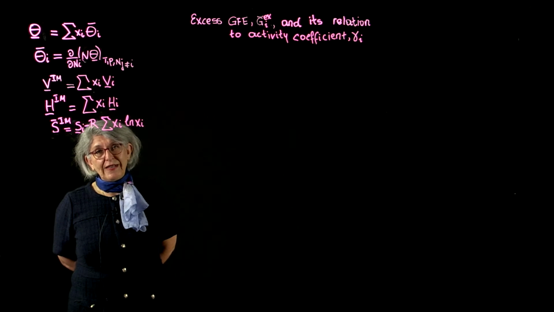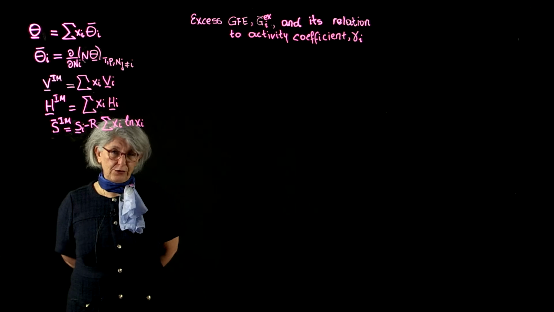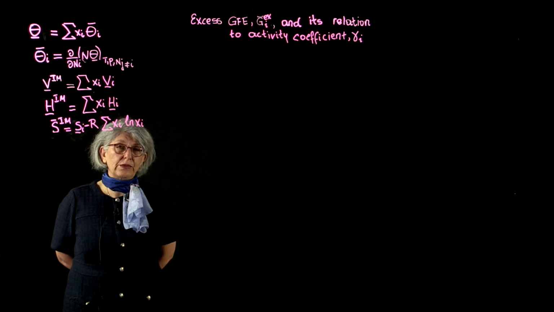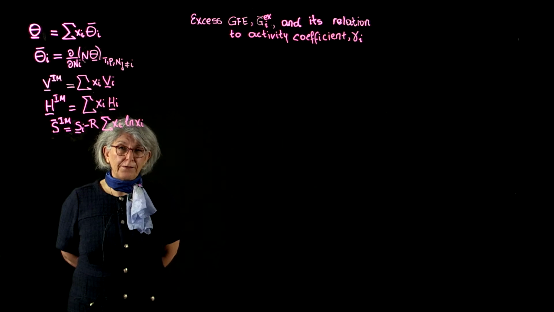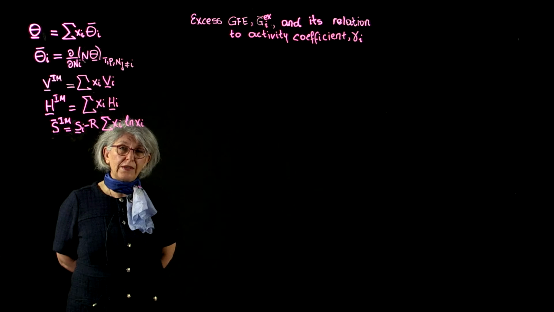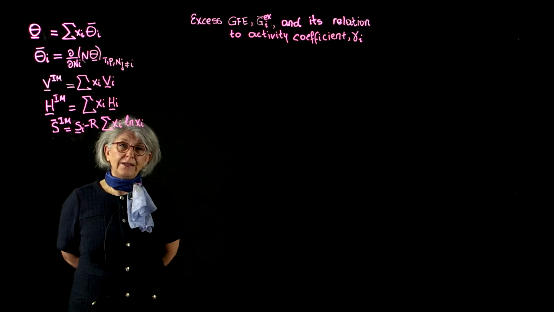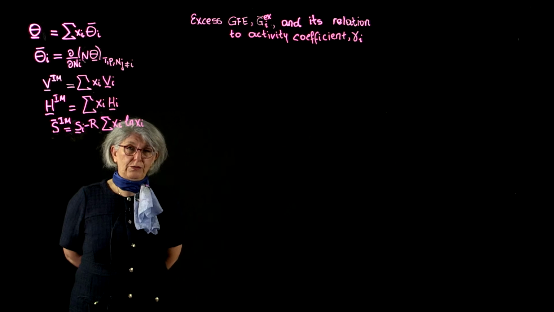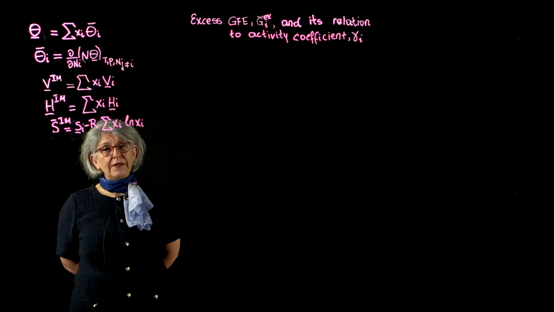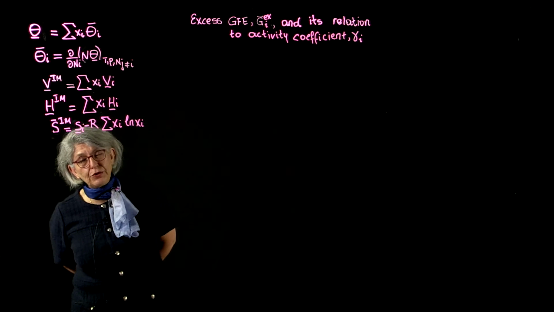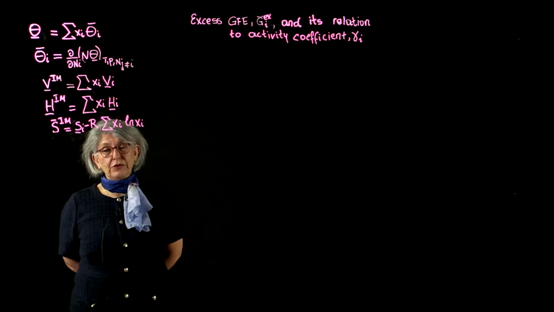In order to take that into account, we are using a property called the partial molar property. Partial molar property is different from the molar property in the sense that the molar property is the pure fluid property of the component. Partial molar property is the contribution to the mixture from that component.